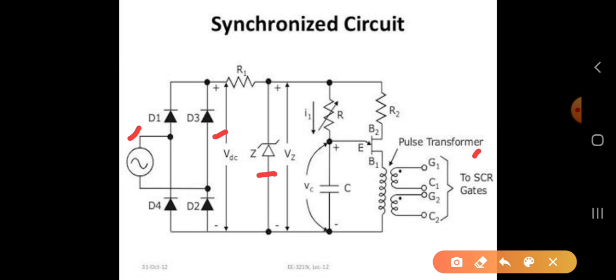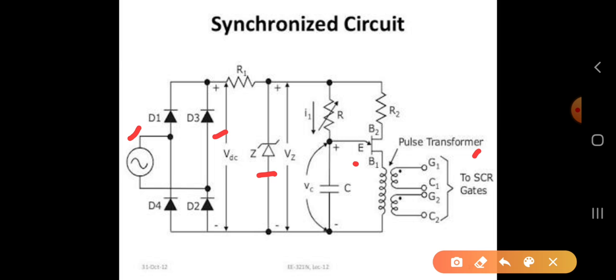In reverse bias, the Zener diode conducts at some voltage, and normally some Zener diodes give a fixed 6 to 7 volts, and that voltage is given to my UJT.